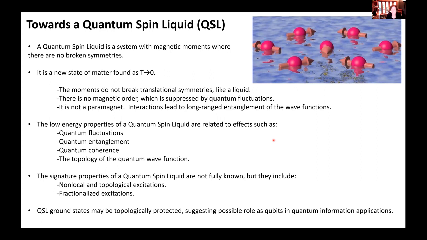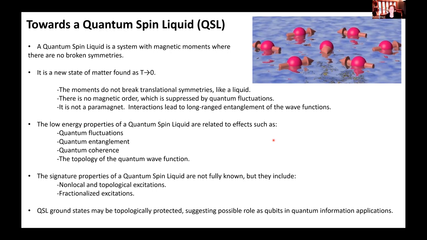This slide is meant to represent what it is that we know and how we can use this information potentially to try to find real manifestations of this kind of compound. So the quantum spin liquid that I want to talk about is manifestly magnetic. It has magnetic moments. What's important, though, is that these magnetic moments do not order. They don't break any symmetries in this system.